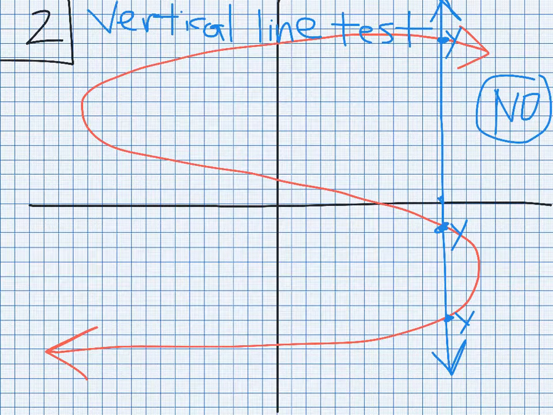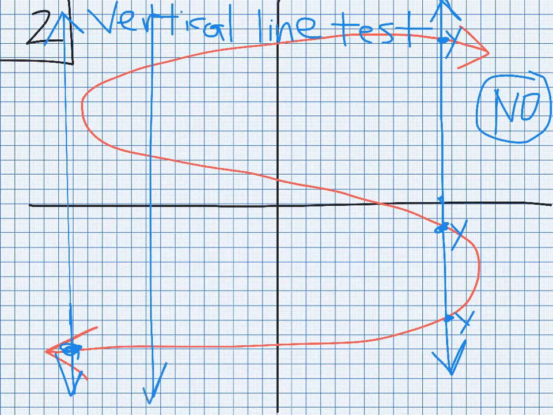We can't have that. Now, if we were to draw a vertical line, say over here, you can see that it's only going to hit the graph one time, which is okay. But the problem is we've found a lot of other lines, and what we do is we draw any vertical line.